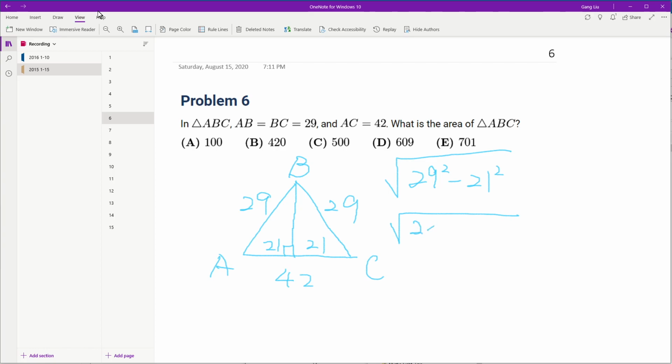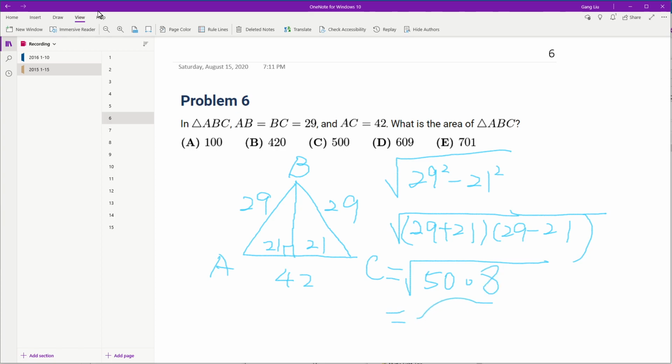That's 29 plus 21 times 29 minus 21, which equals 50 multiplied by 8, which equals 25 multiplied by 16, and equals 5 multiplied by 4 equals 20.